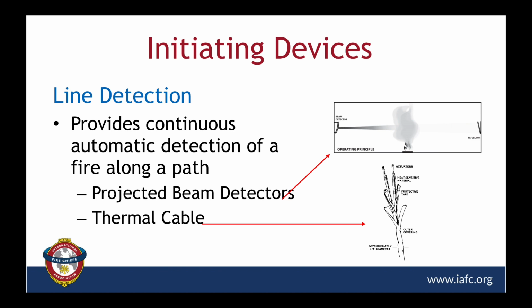Now, looking at thermal cable, there are two types of heat-sensitive thermal cable. One type consists of two current-carrying wires that are separated by a heat-sensitive insulation that softens at the rated temperature, thus allowing the wires to make an electrical contact and send an alarm signal to the fire alarm control unit.